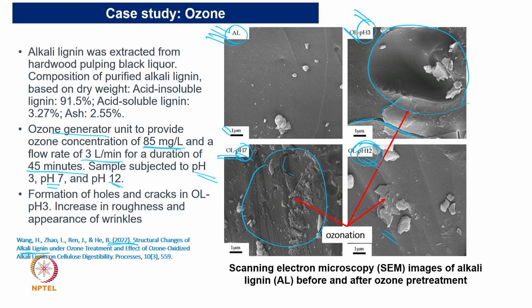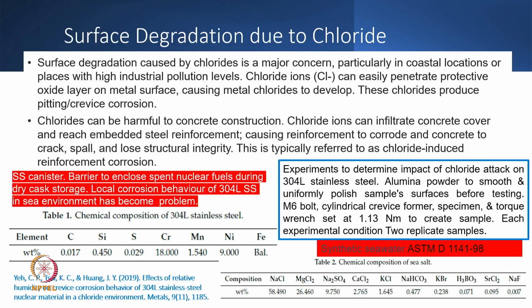or basic environment. And then we are trying to cover the second case study, which we picked up from a journal, published in 2019. Fortunately, this topic was covered when we were covering corrosion, and we say crevice corrosion is important.